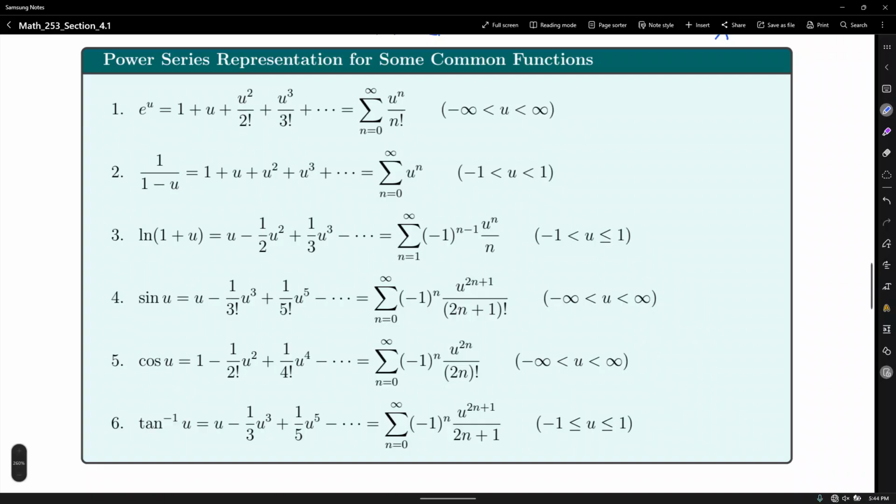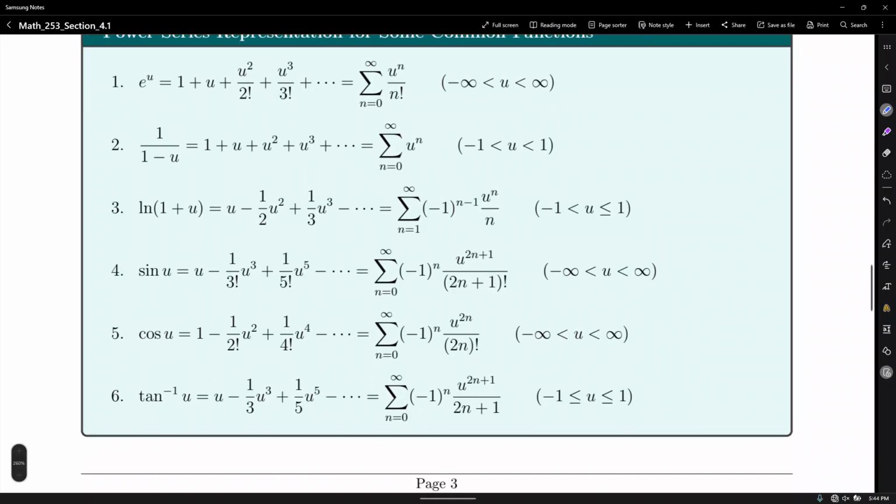That u would be more representative of a more generalized function that includes some sort of composition. So this is a formula sheet for power series representations of functions. There's a couple more: for sinh u, it's the same minus the alternating factor, and for cosh, that's also the same as the cosine, but without the alternating factor.